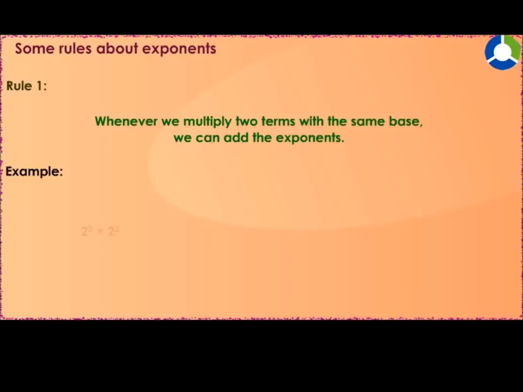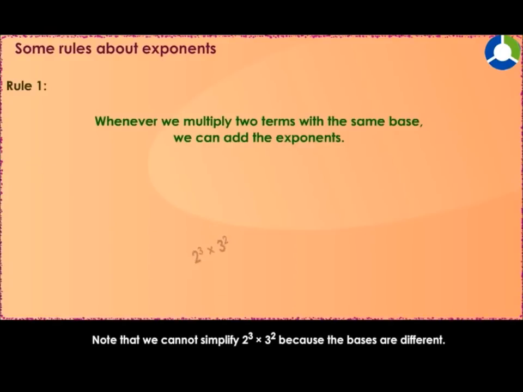Example, 2 raised to 3 multiplied by 2 raised to 2 equals 2 into 2 into 2 into 2 into 2 equals 2 raised to 3 plus 2, which is 2 raised to 5. Note that we cannot simplify 2 raised to 3 multiplied by 3 raised to 2 because the bases are different.